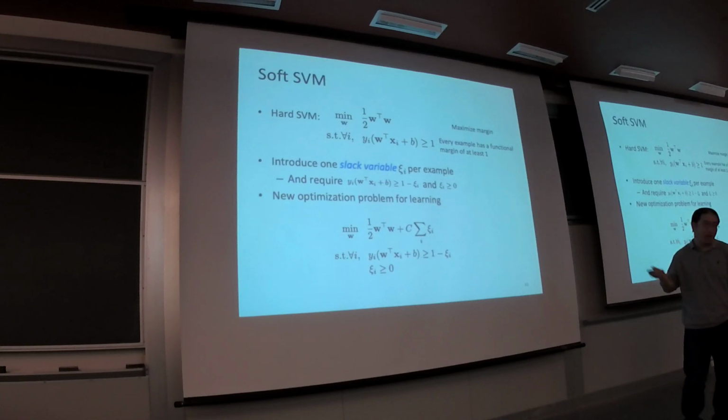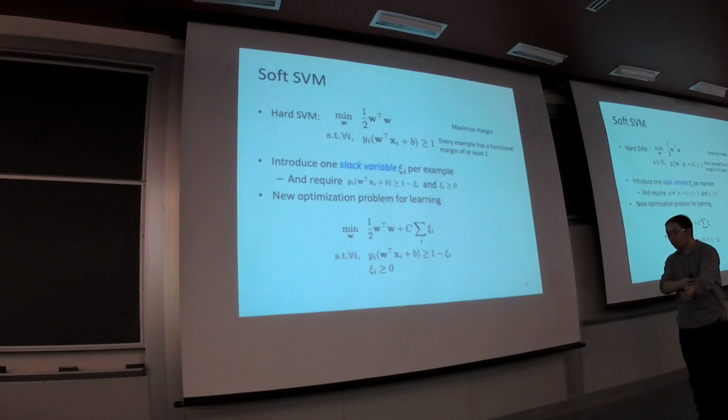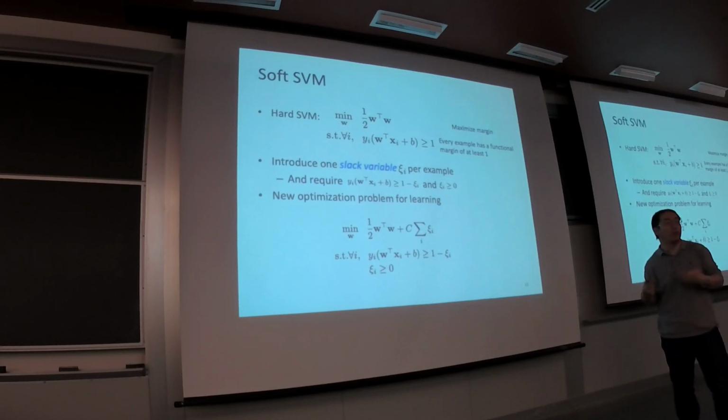That means each ξi is simply 0, and each training example is outside the margin or on the margin. And now, if there are some examples that break into the margin, we put some penalty here. That means we still pursue most of the training examples being correctly classified. At the same time, if the corresponding margin is larger, it will be better.